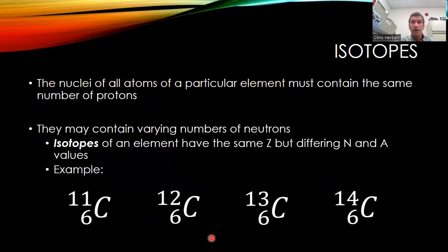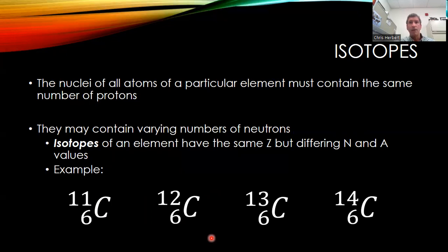So isotopes, we use the term isotope. Isotope means the same number of protons, but obviously we have the potential of different numbers of neutrons. For the lighter elements, we normally have pretty close to a 1-to-1 ratio between protons and neutrons.